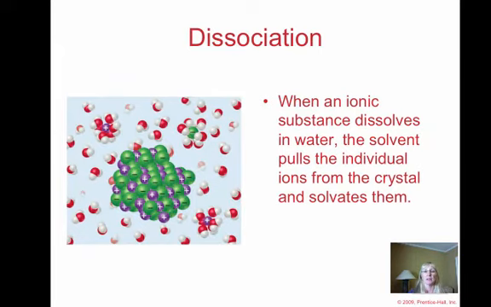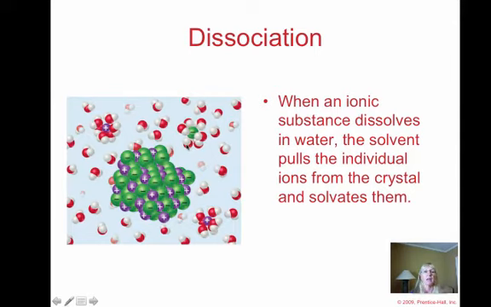Now we learned last year that when you throw something ionic into water, the positive and negative parts of water are attracted to the negative and positive parts of an ionic crystal. If you look carefully, you'll see in this graphic a picture of a chloride ion being surrounded by all the white hydrogens of water molecules turned inward.